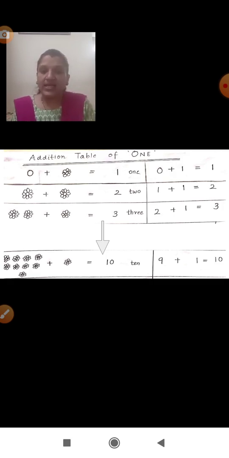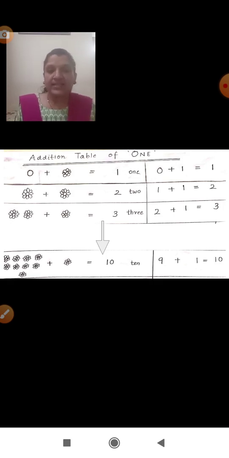Shall I tell you this again? See, 0 plus 1 flower, then next row 1 flower plus 1 flower, then the third row 2 flowers plus 1 flower, next row will come 3 flowers plus 1 flower equals to 4, FOUR 4.